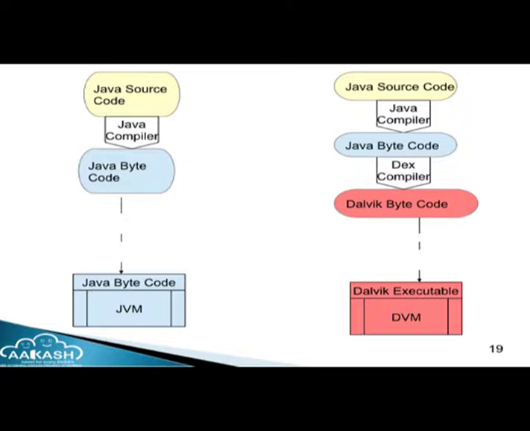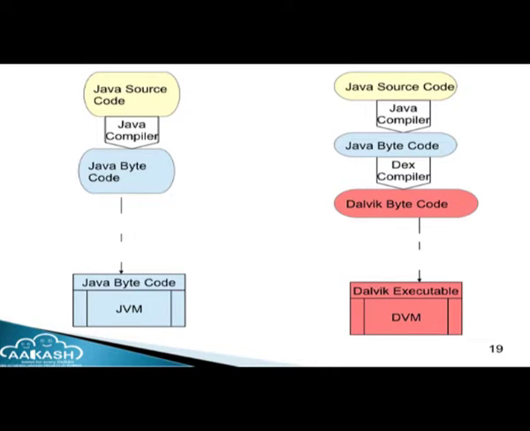What happens on the Android side? On the Android side, we have Java source code, we have a Java compiler, we get Java bytecode, then there is a DEX compiler, a special compiler which converts it to Dalvik bytecode, and this Dalvik executable runs on the DVM. Now, what is marked in red is the new steps which Android people introduced.